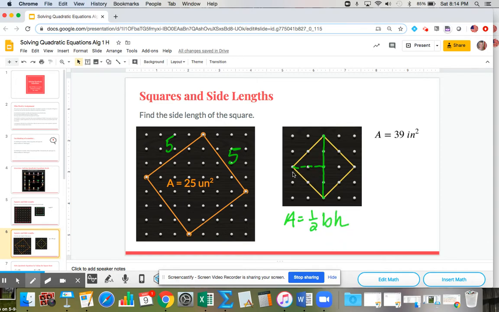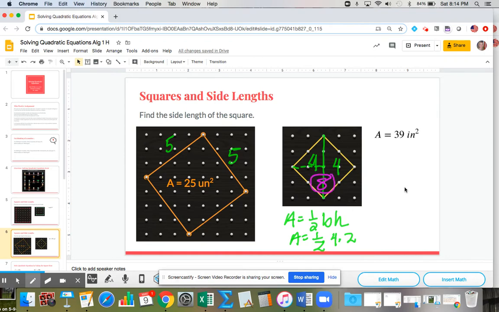So half of 4 times 2, that's half of 8, and half of 8 is 4. So this piece is 4. This piece is also 4. Therefore, what's the area of the whole square? The area of the whole square is going to be 8 square units.